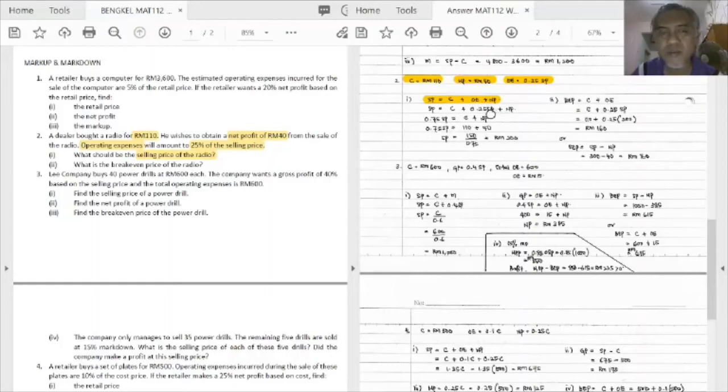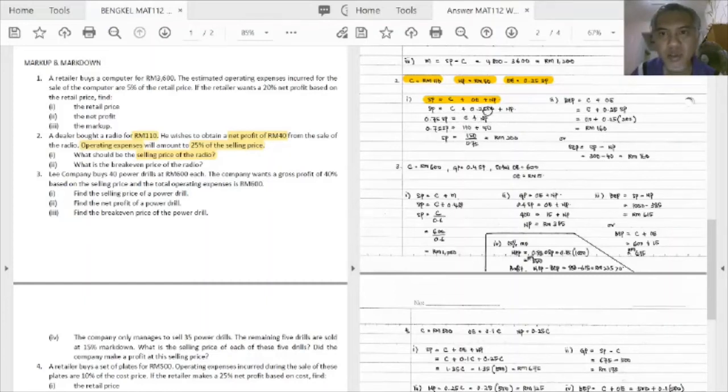Remember that the gross profit and the markup value are the same thing. Then you substitute the values of NP and OE, along with C, in the formula. You obtain that SP is equal to C plus 0.25 SP plus NP.